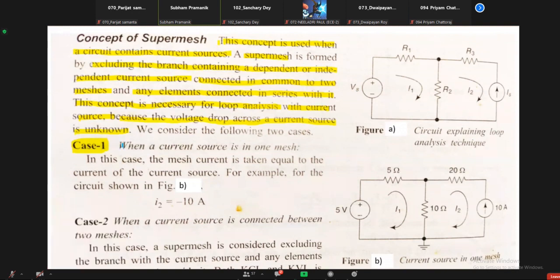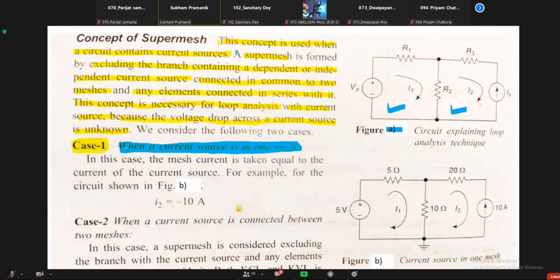This is the first case: when a current source is in one mesh. See this figure, figure A. There are two meshes, this one and this one. There is a current source here. There are two meshes, but only one mesh contains the current source.